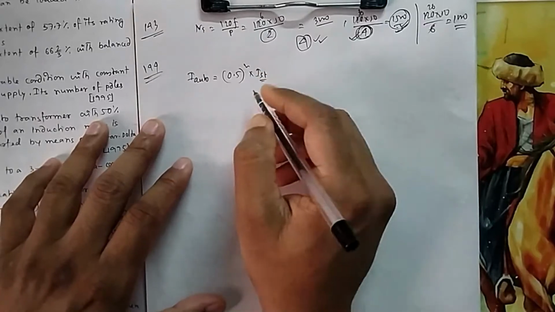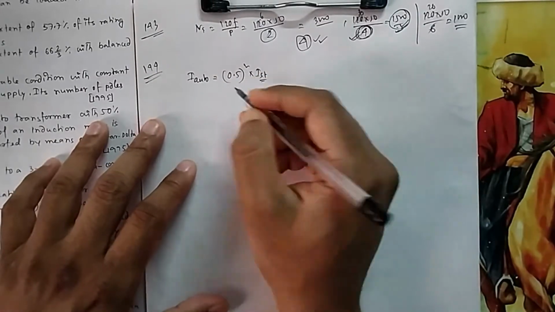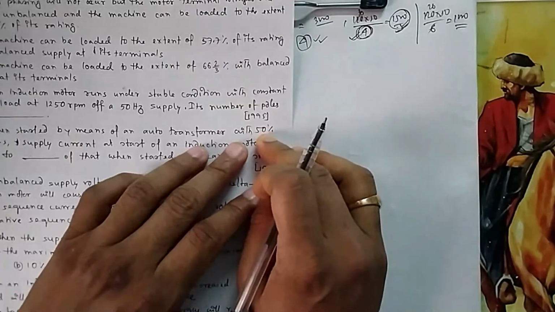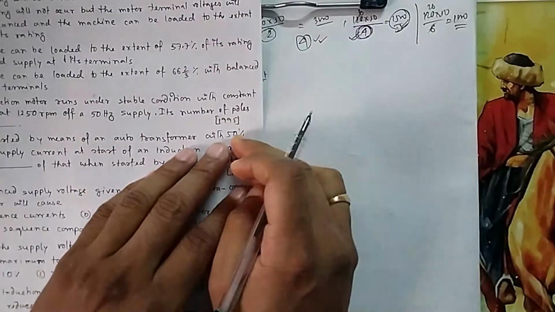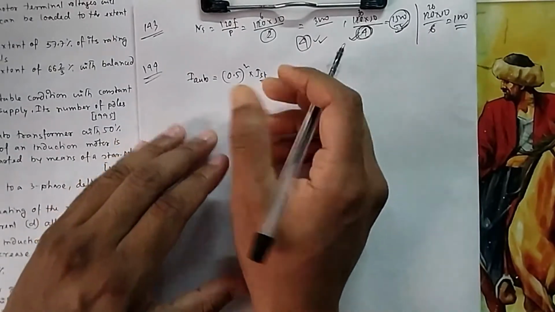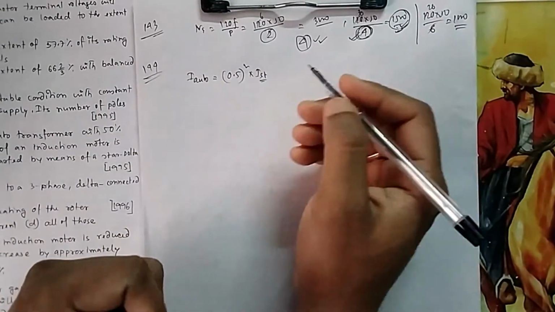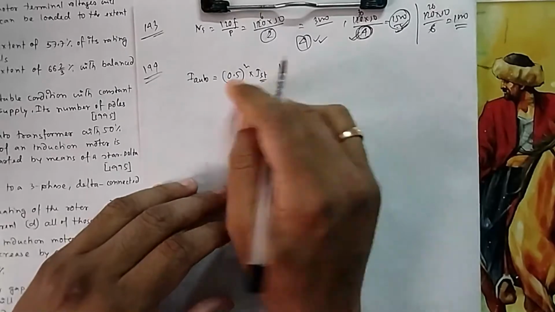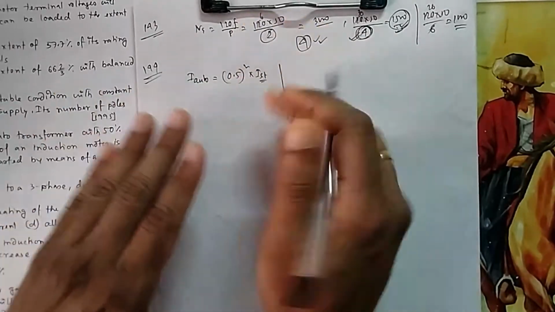You can remember it this way: because you are changing the tap positions, but your total power remains the same, so it is I squared R. Actual derivations I am not doing.